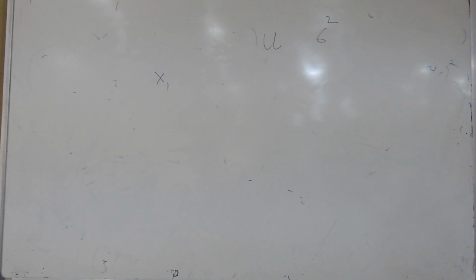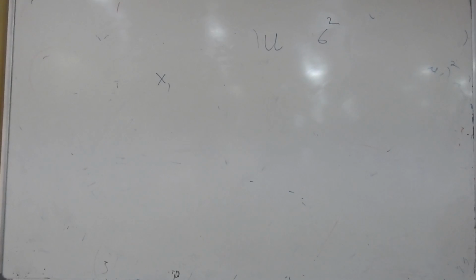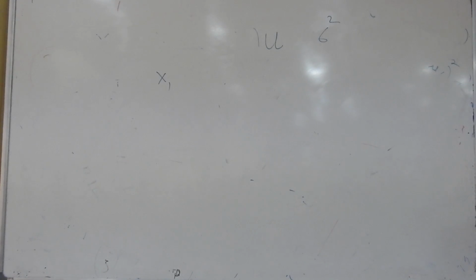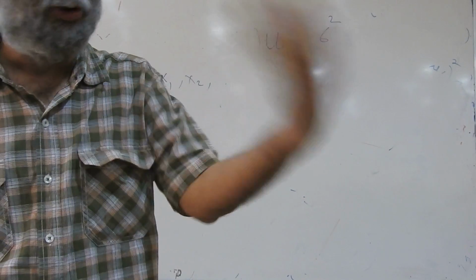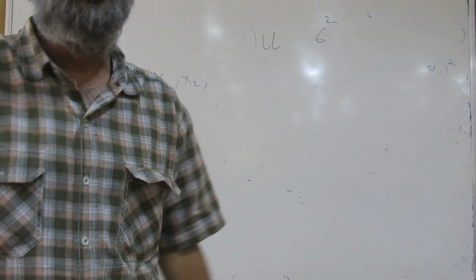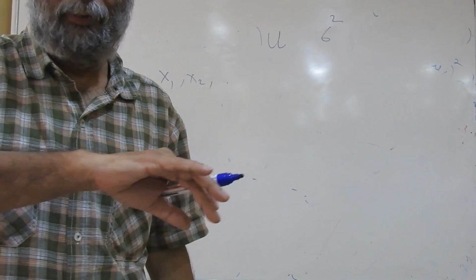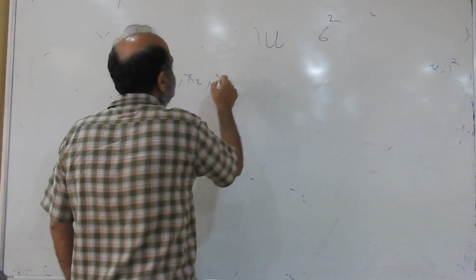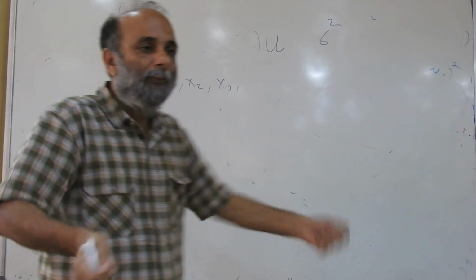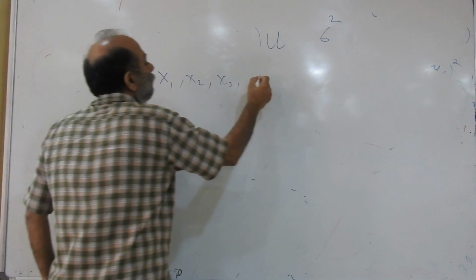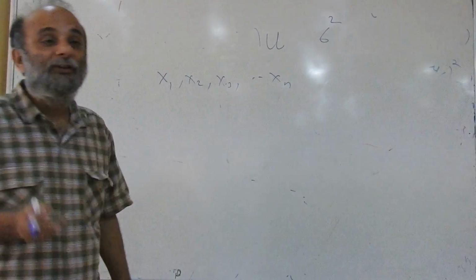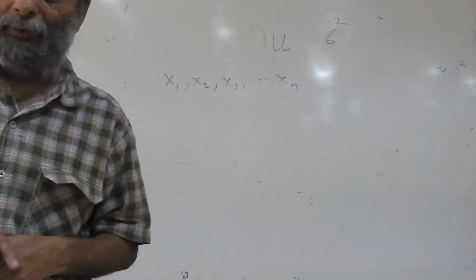There is a whole set of households. I pick up one household at random with replacement. Let x2 be another household that is picked up. The first household is put back, all the households are mixed, and a fresh household is picked up. Let x3 be the third household, picked the same way, and so on. Like that I have a sample of size n, which is a random sample.